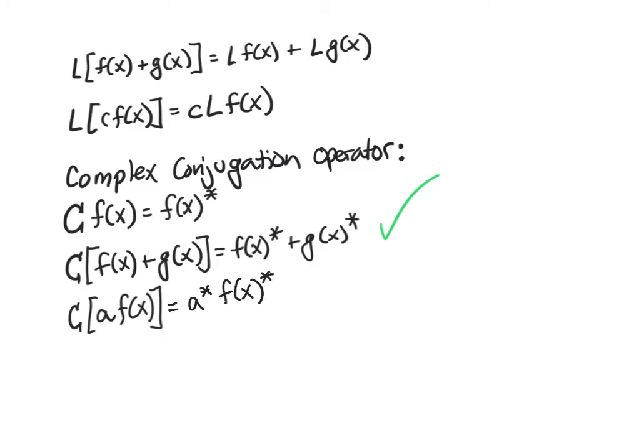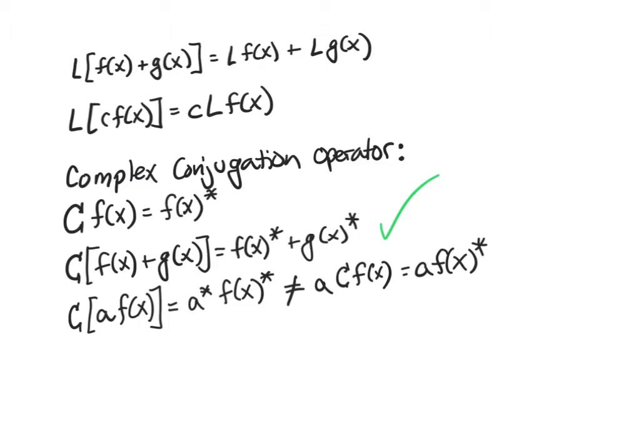And this is not equal to a times the complex conjugate operator acting on just f of x. Because on the right-hand side, we have a times the complex conjugate of f of x.